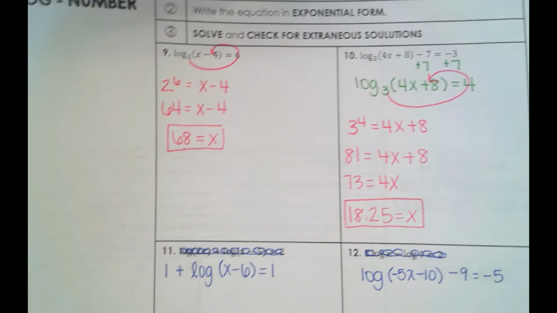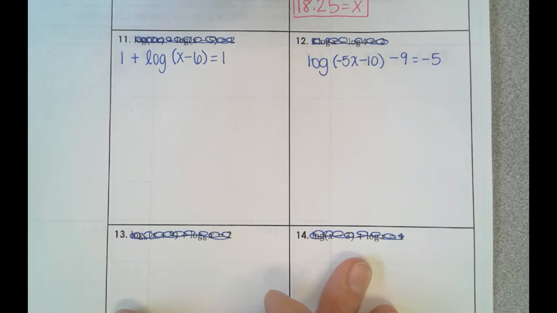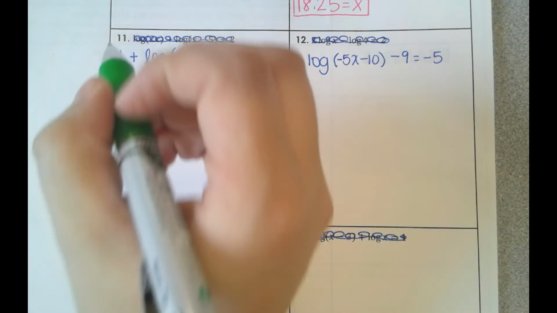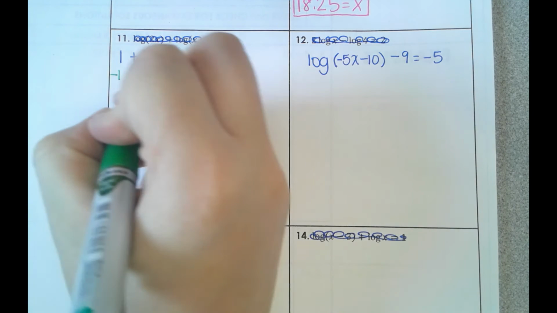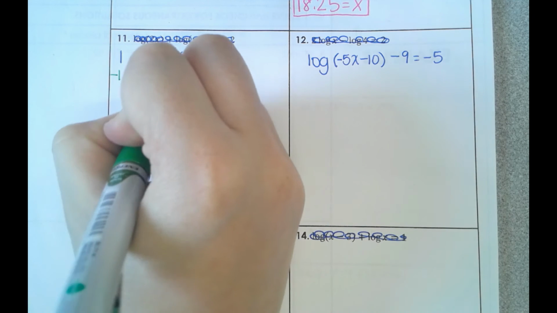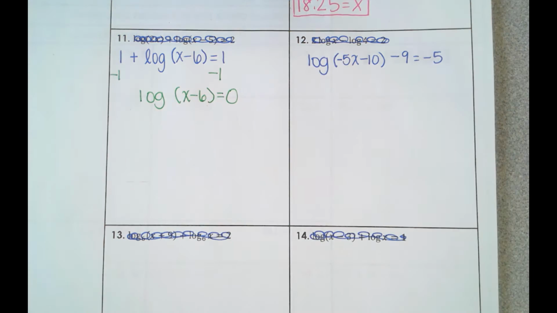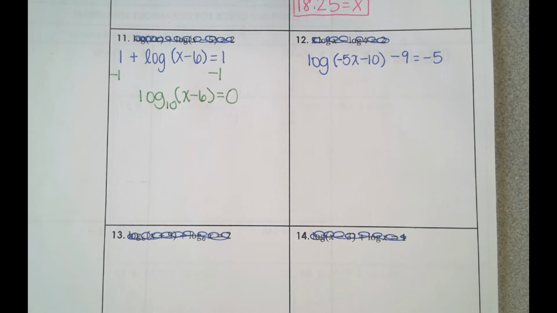Number 11. First off, we need to subtract the 1 from both sides. I don't see a base on this one, but what do we know that it is? 10. We kind of need that to do our loop.